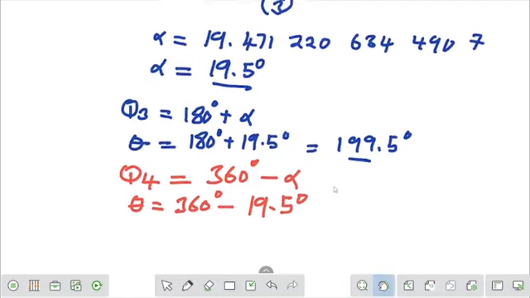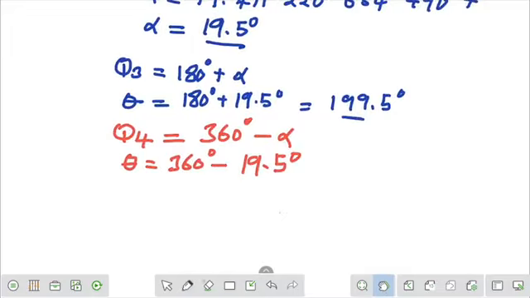We can now do the subtraction: 360 degrees take away 19.5 degrees. We are going to get 340.5 degrees. So this is the other value for theta.